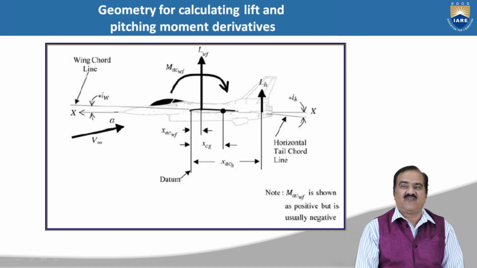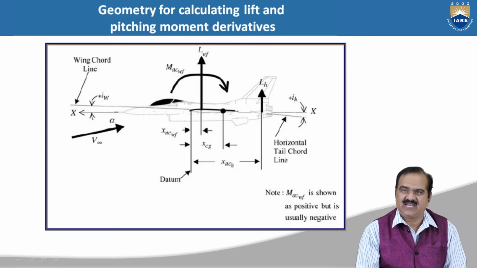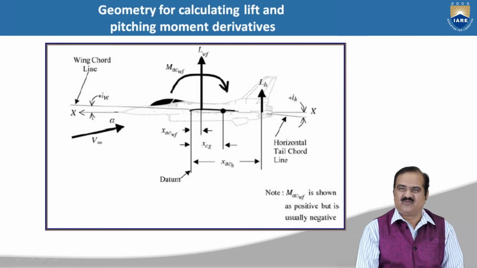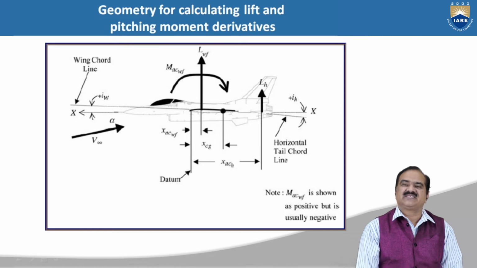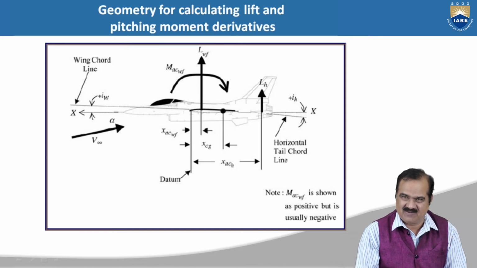But the wing chord line is making IW. So if we consider the total angle of attack of the wing, it is alpha plus IW.